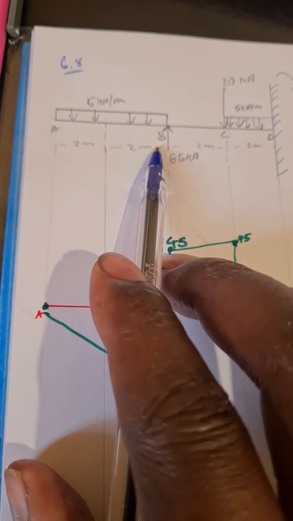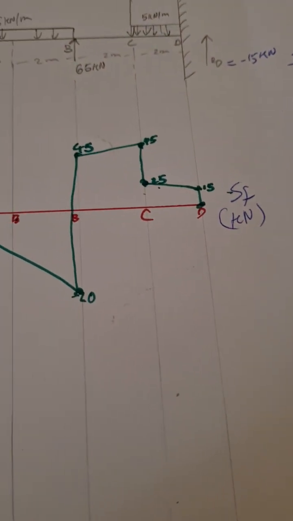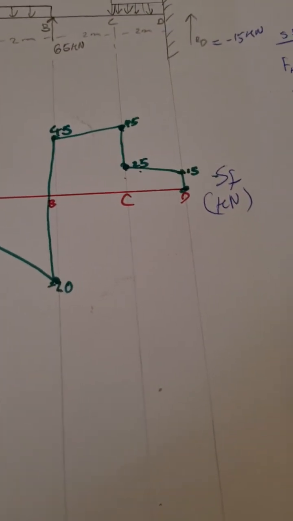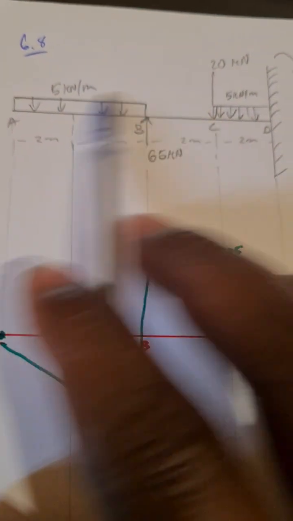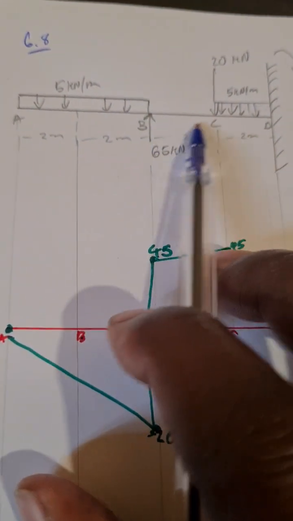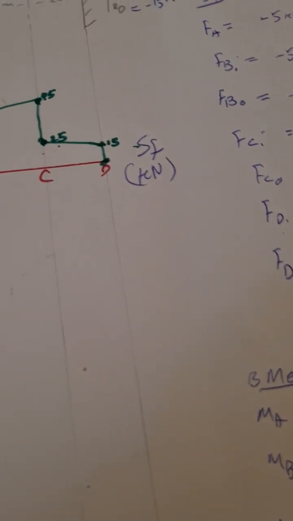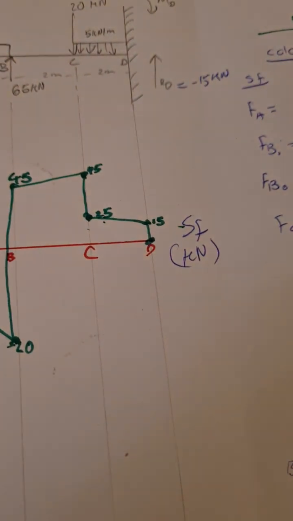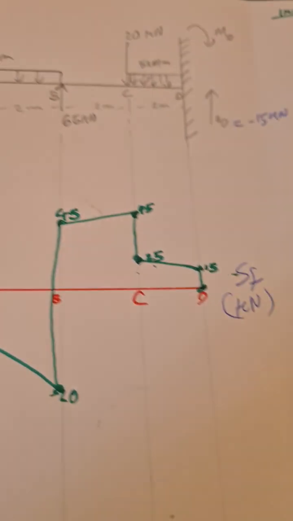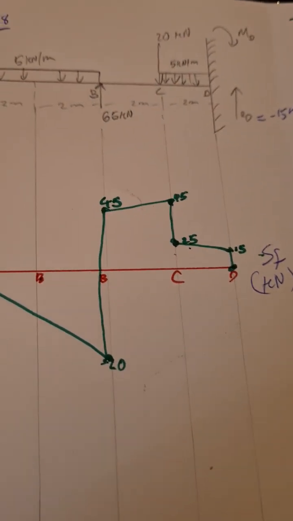Times in bracket now, because it's no longer limited here, we are going to C, not to B. So times 4 over 2, because that force acts in the middle here, then plus this distance 2, right?